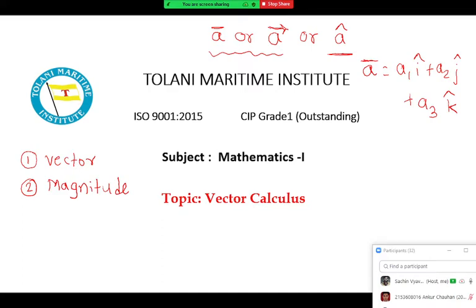If this is a vector, its magnitude is denoted just by the symbol a or mod of a bar, and it is given as square root of a1 square plus a2 square plus a3 square. All these things I already gave in the vector algebra video, and I told you to go through that video and complete the quiz. Those who completed the quiz will feel this is very simple, but those who have not completed it will have a little bit of problem.